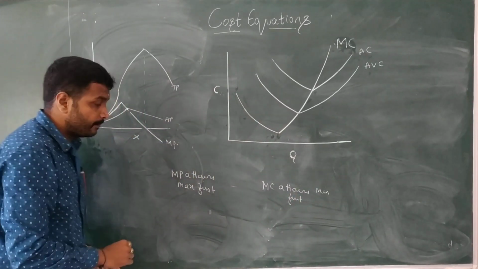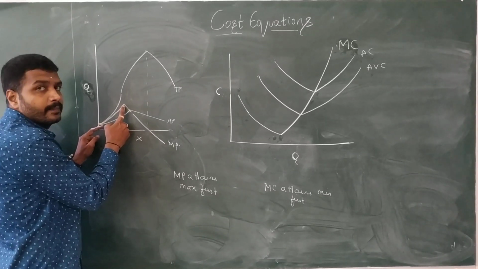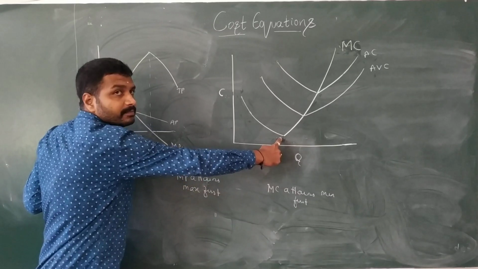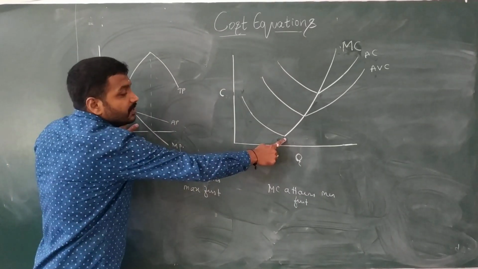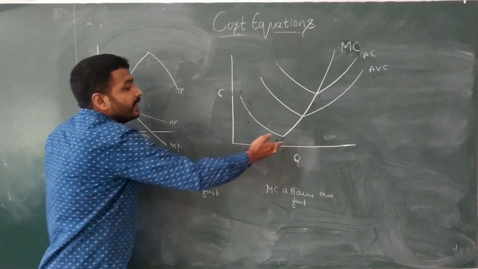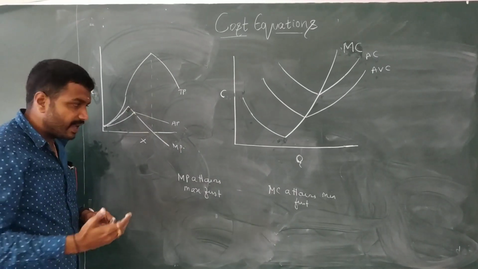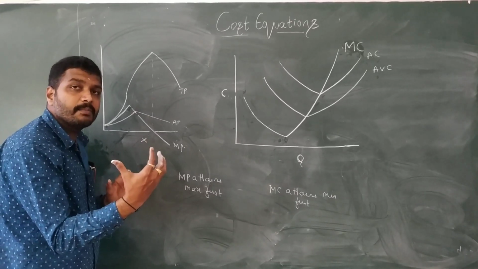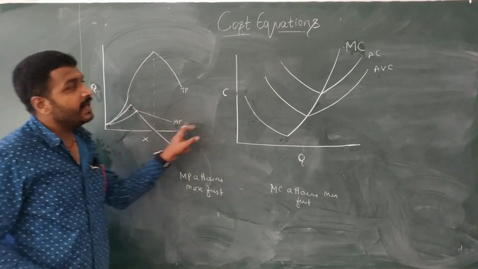In the sense, for it to attain maximum, MP should rise. When MP rises, MC will be falling. When MP takes maximum, MC takes minimum. When MP falls, MC rises. From that you could say that they have an inverse relation, or they are considered mirror images of one another. Similarly, you consider AP and ABC.